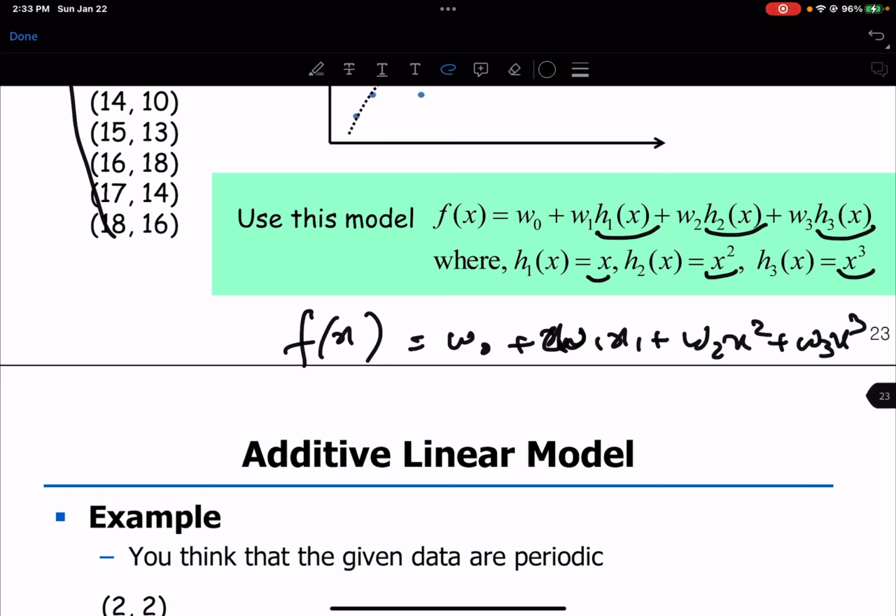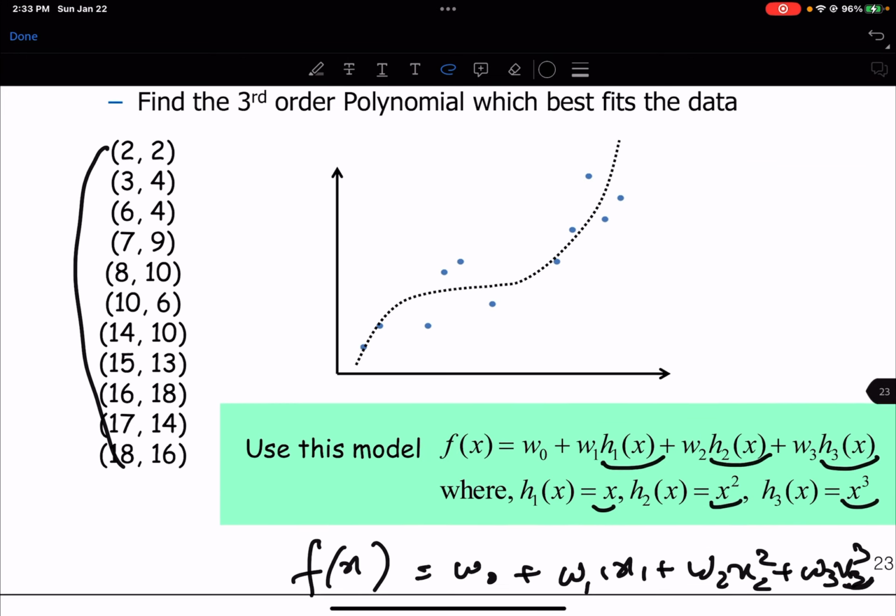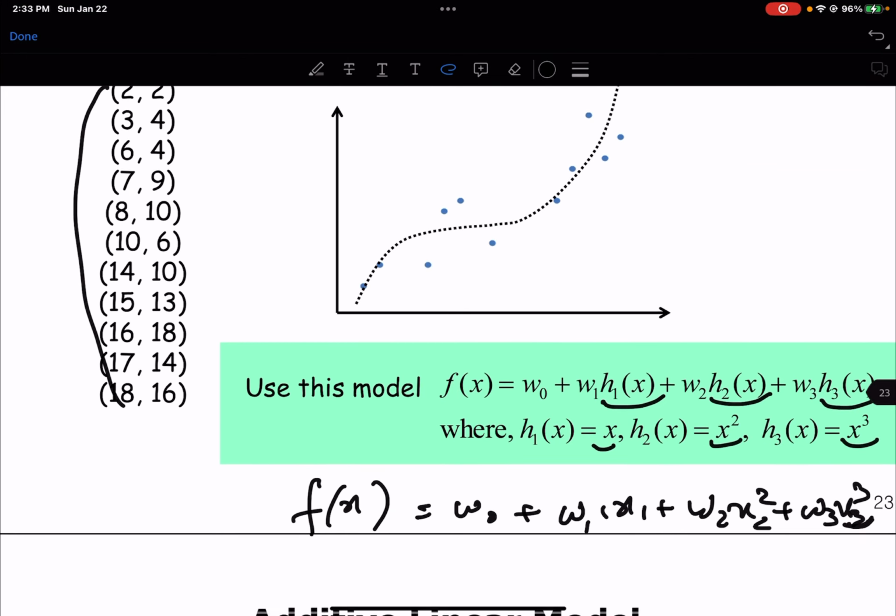And then solving this, we had a curvature line.